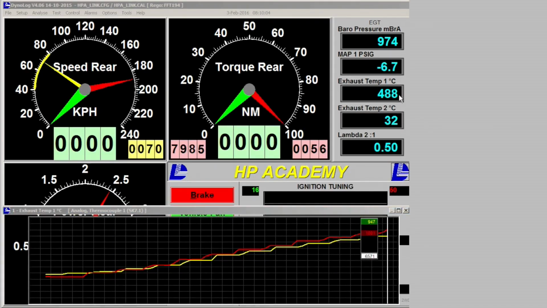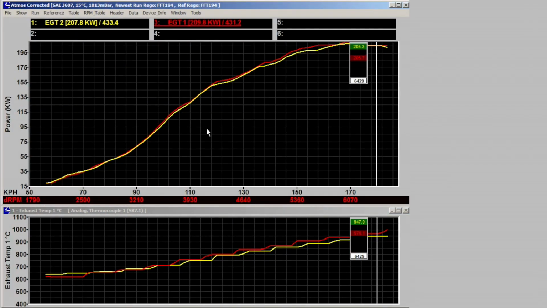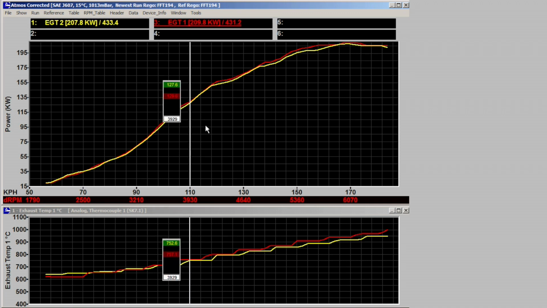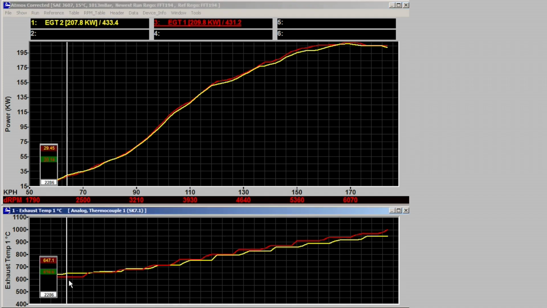I'll just save that run, and we can see first of all our power being displayed here. Our original run, our first run with the leaner air-fuel ratio, is in red, and our second run that we've just completed is in yellow. Below that we have our exhaust gas temperature, and remember, we actually started the run with a slightly higher exhaust gas temperature.